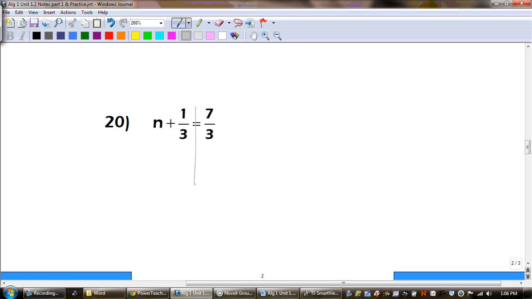All right, 20. Well, it's a fraction, so I multiply by the reciprocal, right? Okay. Look at the variable and then see what the operation is. That's addition. So the opposite of addition is subtraction. I'm going to subtract 1/3 from both sides.